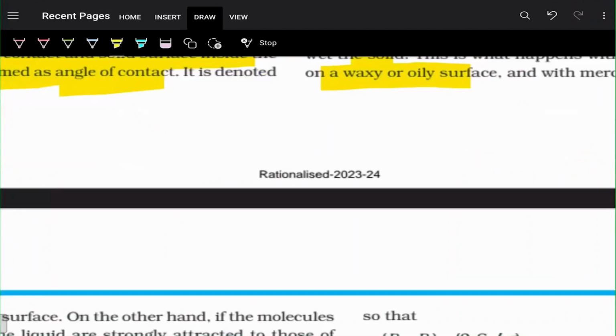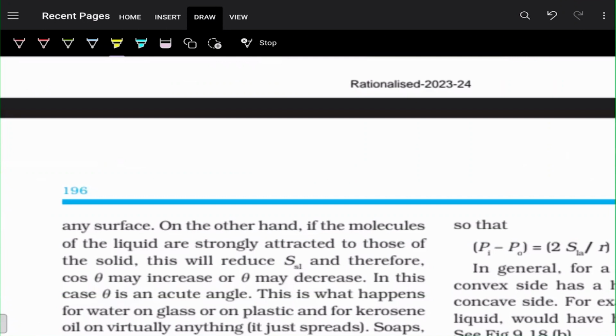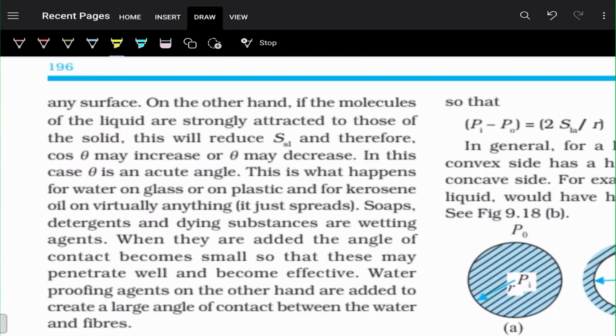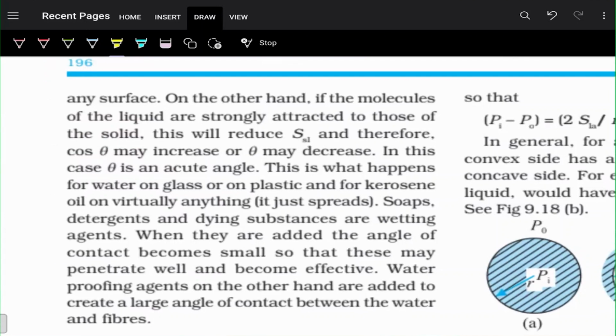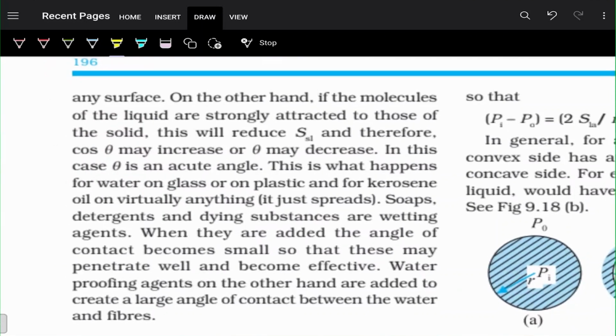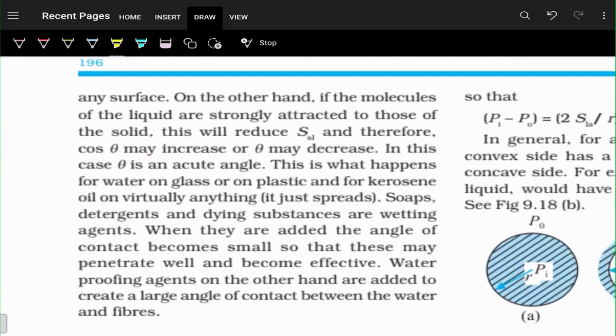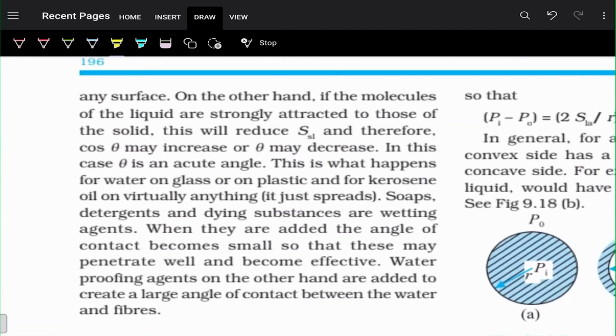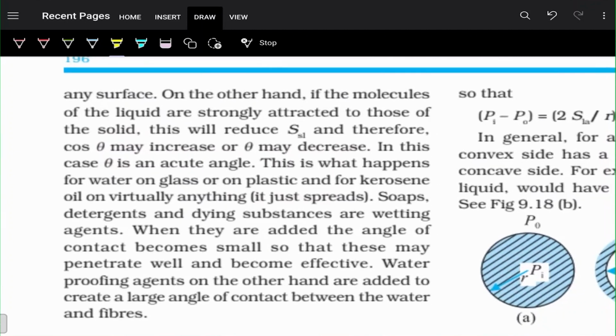On the other hand, നമുക്ക് എന്താ പറയാൻ പറ്റും? See, if the molecules of the liquid are strongly attracted to those of the solid, അതായത് നേരത്തെ പറഞ്ഞതിന് നേരെ ഉൾട്ട. ഇവിടെ മോളിക്യൂൾസ് ഓഫ് ദ ലിക്വിഡ് ആർ സ്ട്രോങ്ലി അട്രാക്റ്റഡ് ടു ദോസ് ഓഫ് സോളിഡ്. ലിക്വിഡ് മോളിക്യൂൾസിന് ആരുമായിട്ടാണ് അട്രാക്ഷൻ കൂടുതൽ?